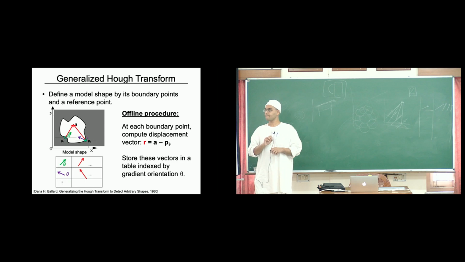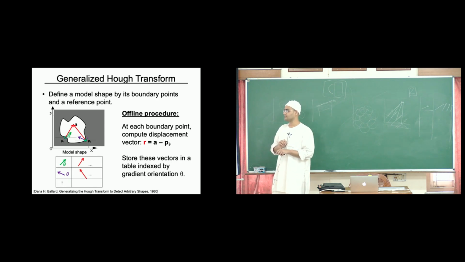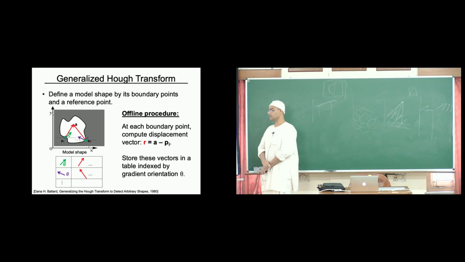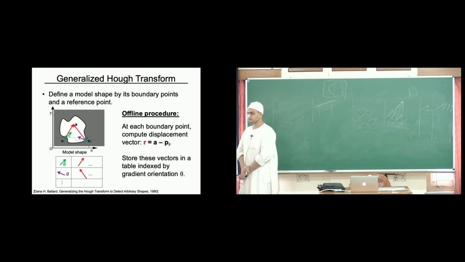For every point with this gradient direction, you are going to store all the displacement vectors. In this example, for the two points P1 and P2, I am storing the displacement. Clear?